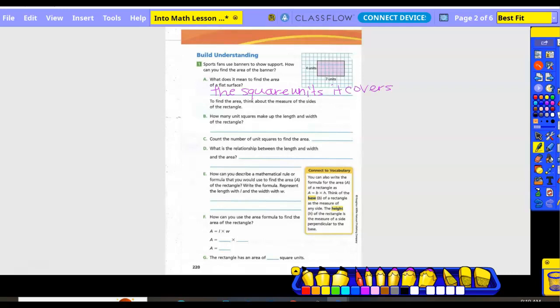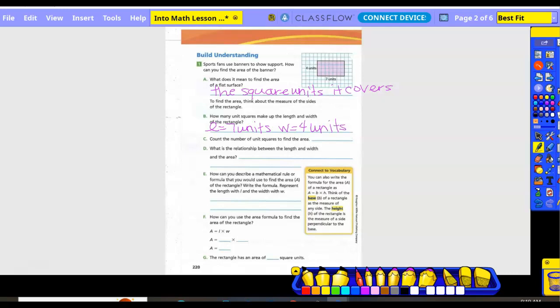Okay. How many unit squares make up the length and width of the rectangle? So what's the length? So L equals 7 units, right? W equals what? 4 units.